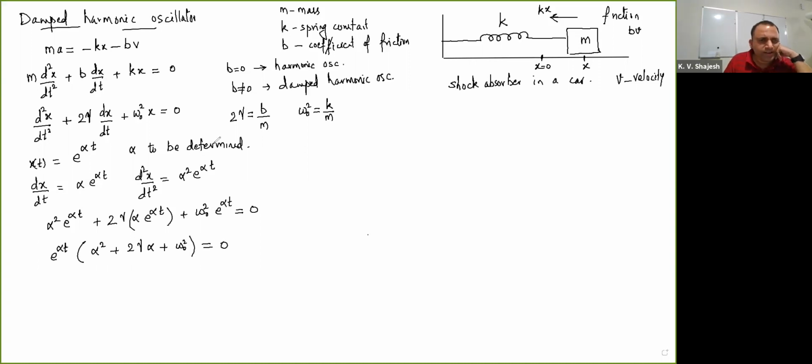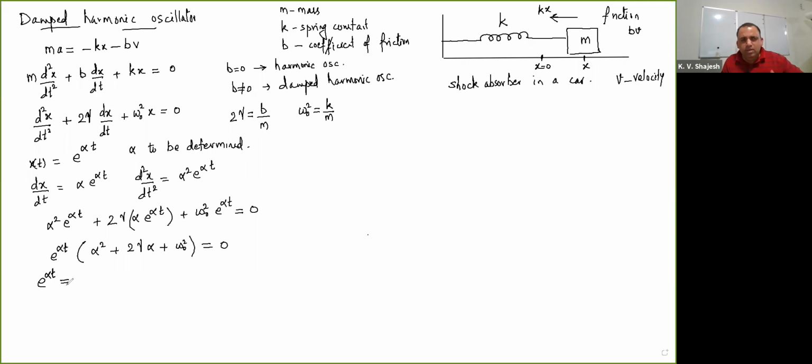Remember, our goal is to find alpha that satisfies this equation. There is a quadratic term in alpha, and that multiplies into exponential of alpha t to give you 0. Notice the exponential function, in general for an arbitrary time, is not equal to 0, at least not for all times.